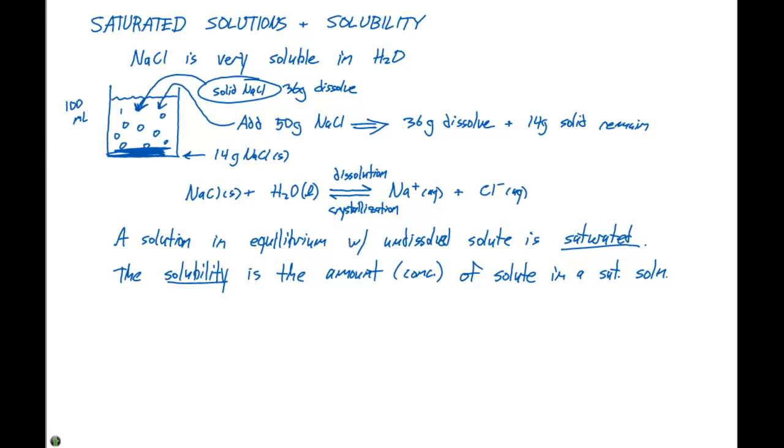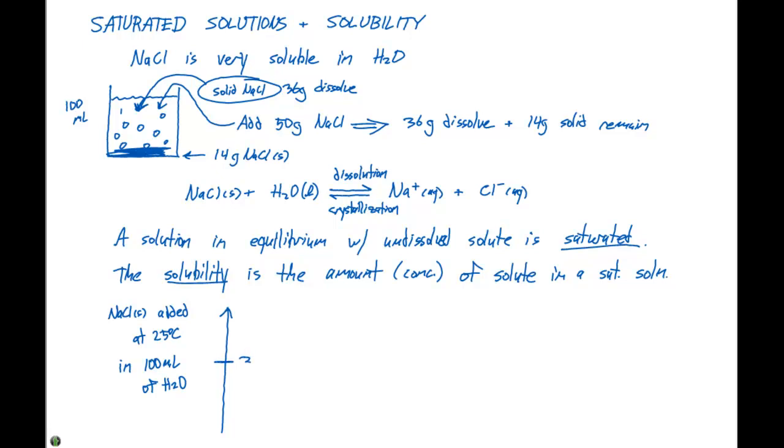So if we look at this as a continuum of NaCl added at 25 degrees Celsius, we have to remember to indicate a temperature here, because the temperature is going to influence the solubility. This is the sodium chloride solid added at 25 degrees Celsius in 100 milliliters of water.